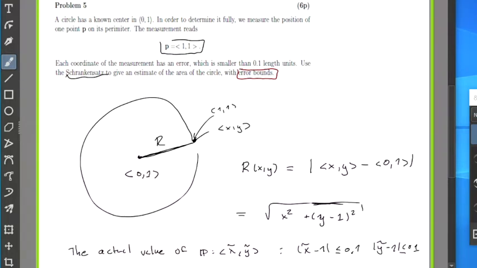There is actually something wrong with the statement here. So this should be the radius of the circle. Okay, I'll change that afterwards. Okay, anyhow, let's try to do this.